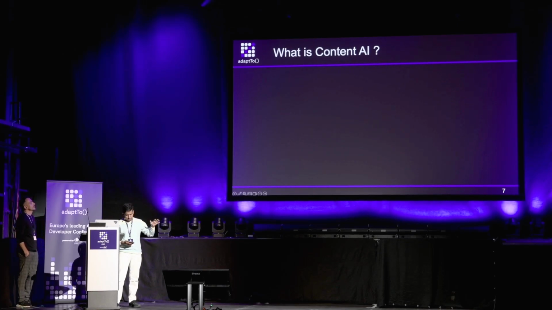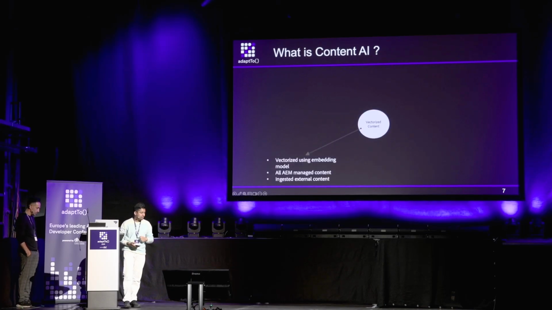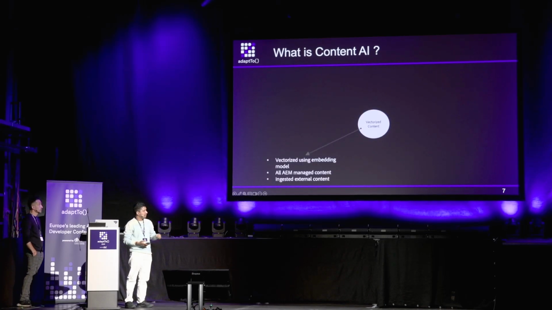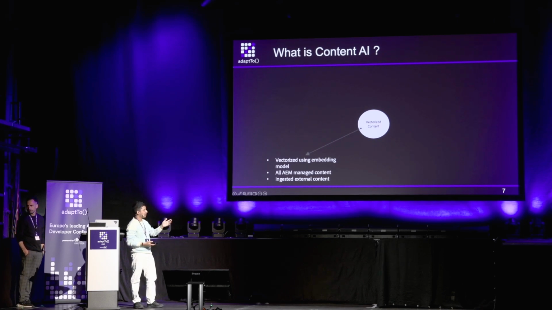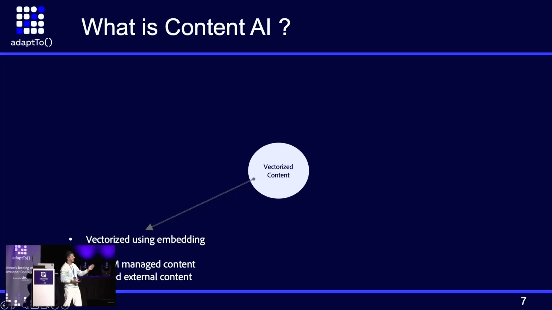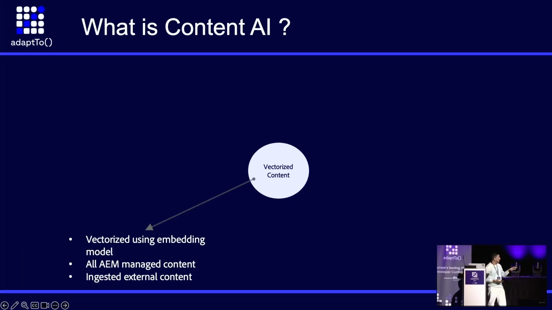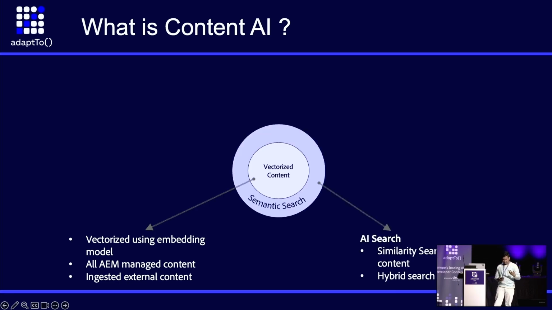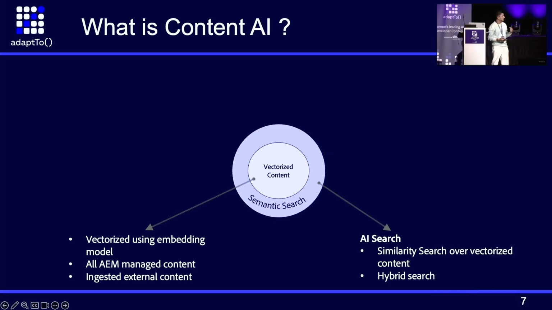I'll introduce these components one by one. So at the core, as I mentioned, is the content layer. The AEM content plus the content from external sources, all enriched and transformed, and then made suitable for an efficient and scalable retrieval.